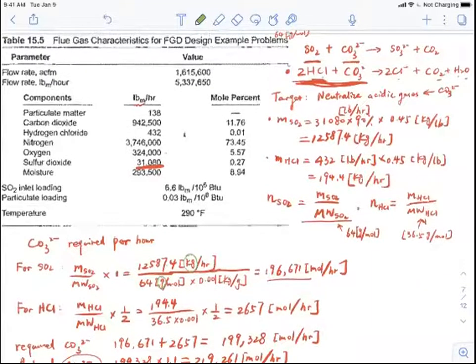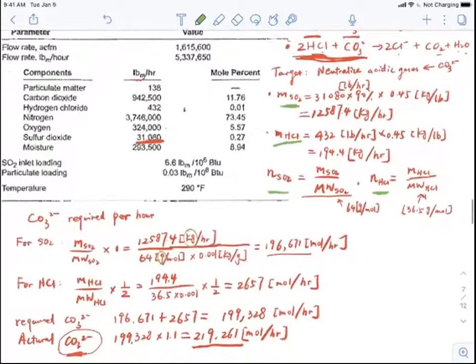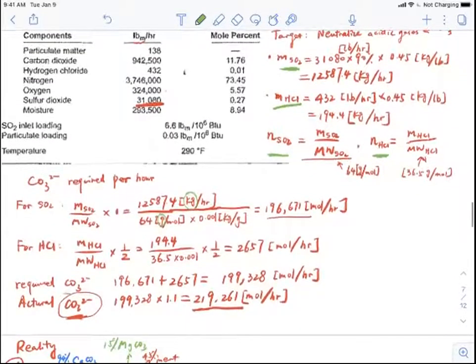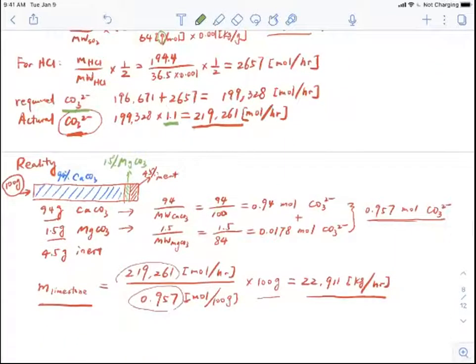We need to first find out the mass flow rate for these acidic gases, convert it into the molar flow rate, and based on the stoichiometry, find out the required carbonate ions for this system. And of course, you need to consider the extra amount of carbonate ions to make the reaction more complete, right? And then we need to look at what we have from this limestone.